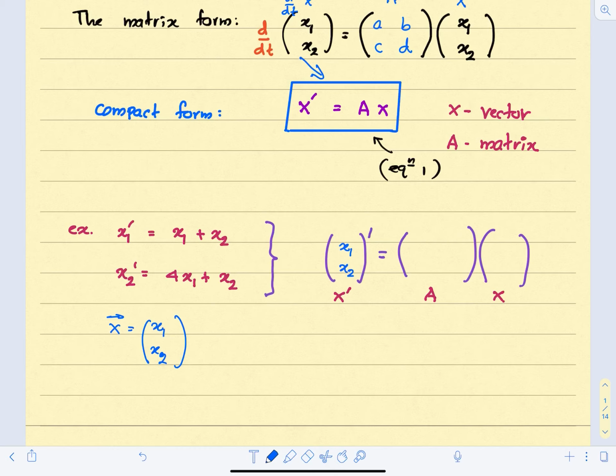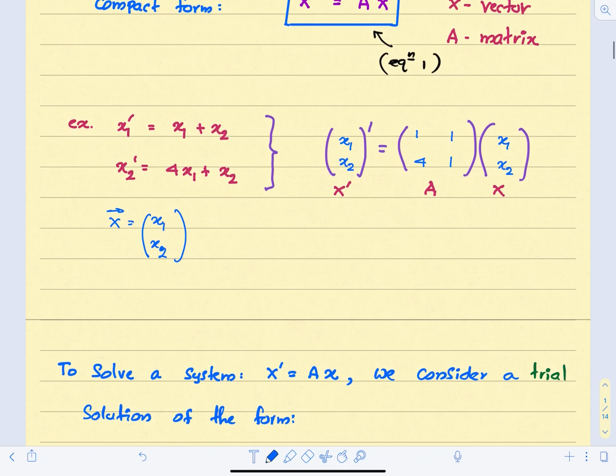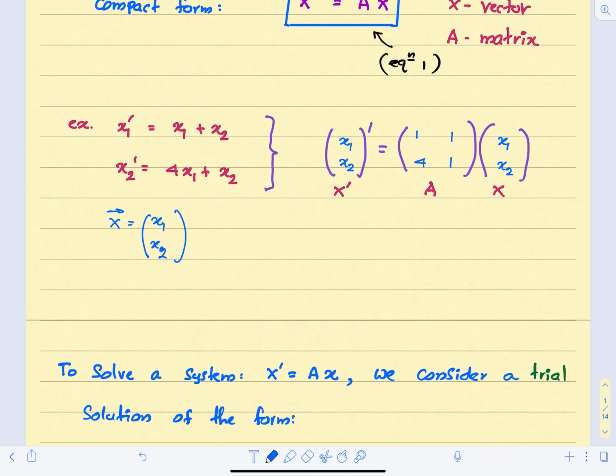The coefficient matrix A has the elements 1 1 4 1 and then the vector x with elements x1 and x2. Great. So now in this section our main goal is to solve a 2x2 system. So basically we have two dependent variables with constant coefficients.